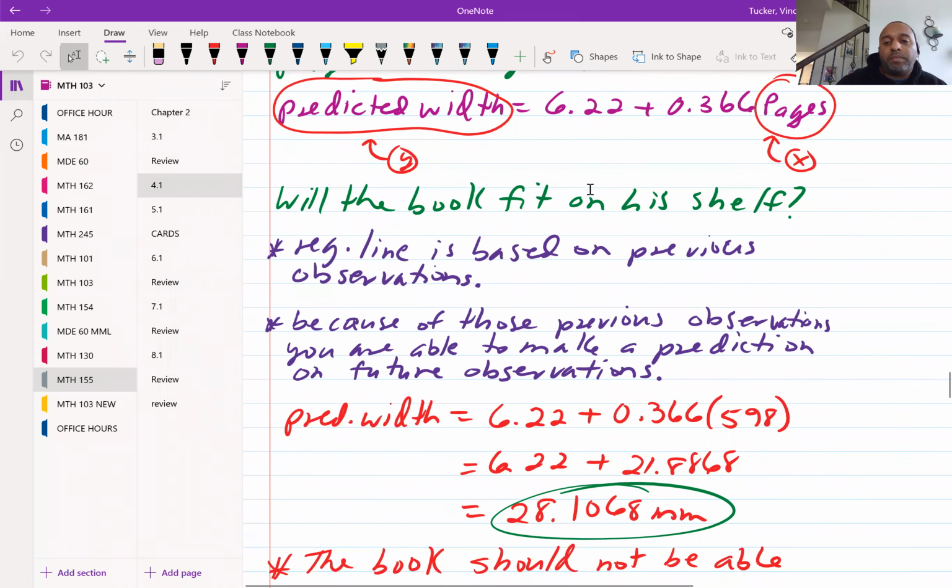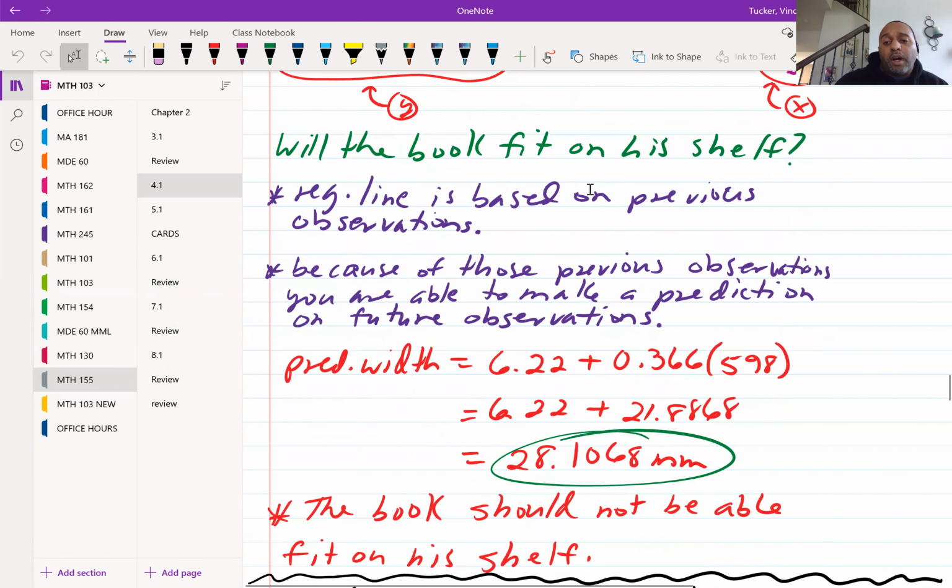All right, so based on the regression line, the book should not be able to fit on the shelf.